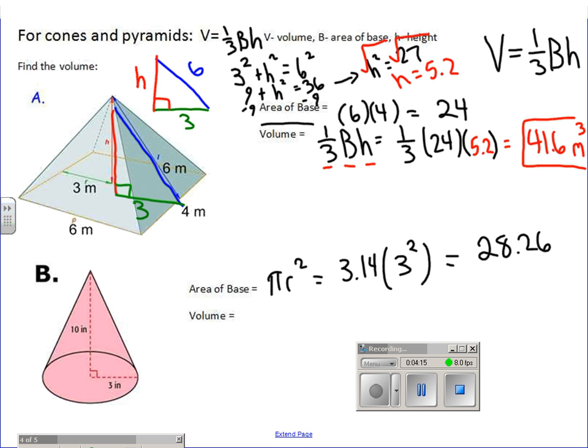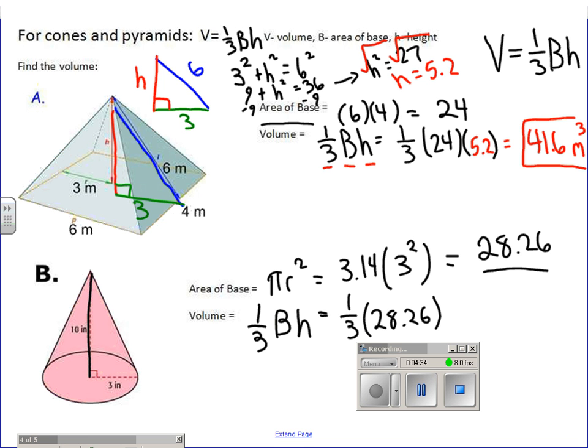is 28.26. So to figure out the volume, I just have to do 1/3 times the area of the base times the height. The area of the base we just found is 28.26. So that's 1/3 times 28.26 times the height. What's the height of this cone? Right there, it's 10.